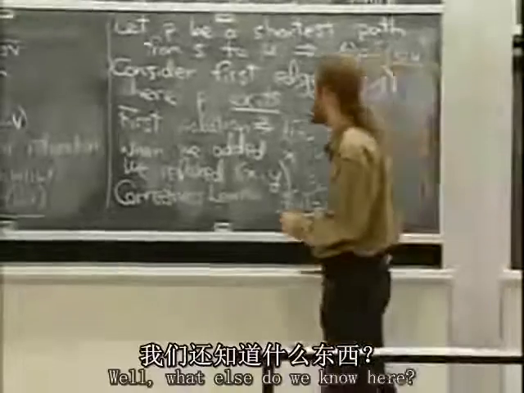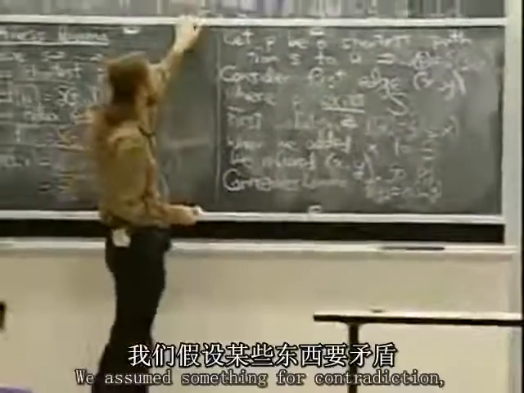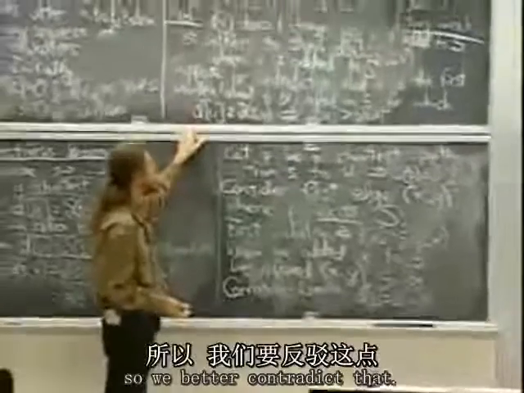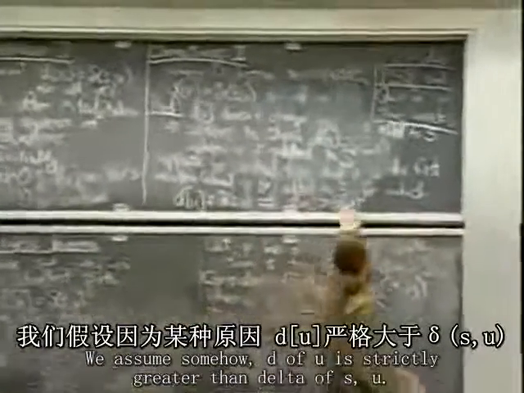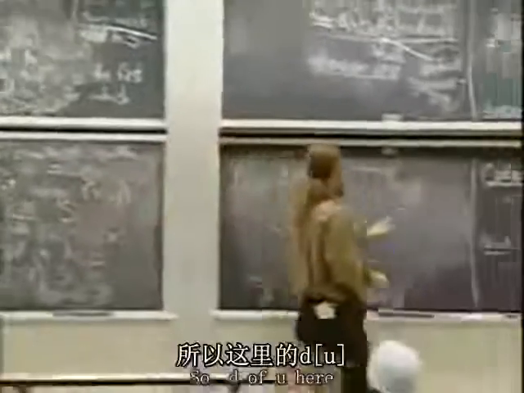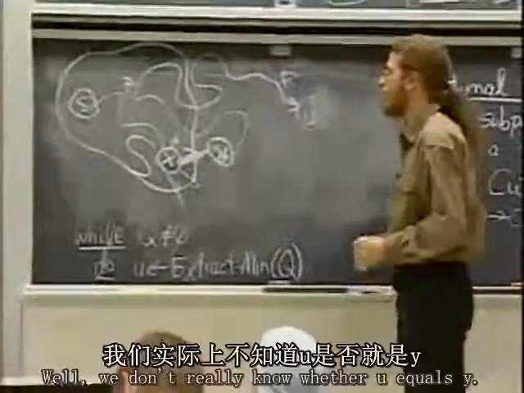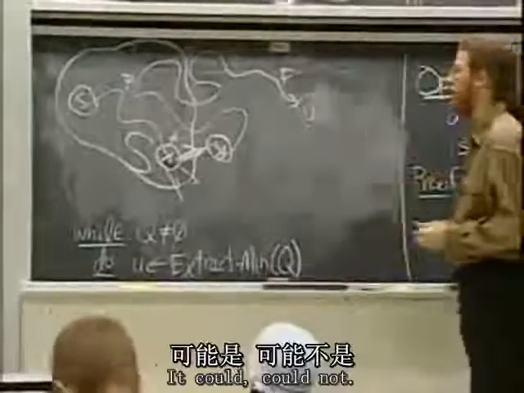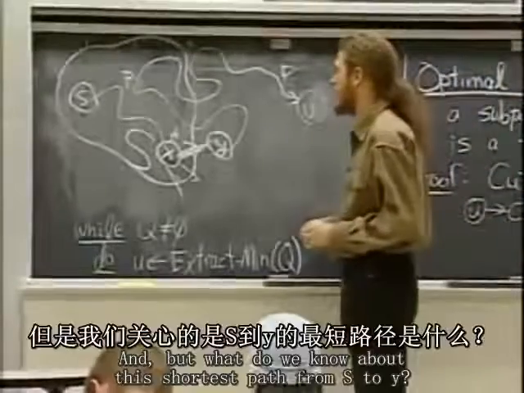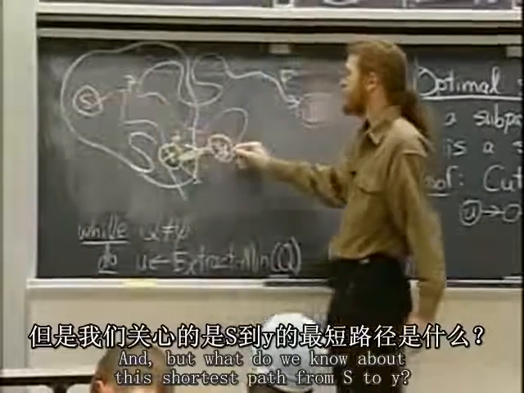Well, what else do we know here? We assumed something for contradiction, so we better contradict that. We assumed somehow d of u is strictly greater than delta of s comma u. So d of u here is strictly greater than the length of this whole path. Well, we don't really know whether u equals y. It could not. But what do we know about this shortest path from S to y?